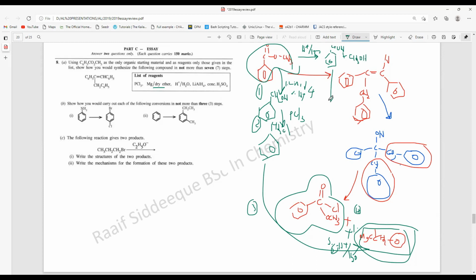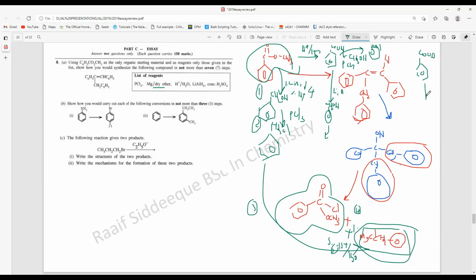Now you can add lithium aluminium hydride to reduce this to the primary alcohol the same way, CH2OH. Then in the same way you add PCl3 and form the Grignard and attack this ester, or you can make this COOH an acyl chloride, COCl, by using PCl3 as well. What I am telling is this reaction. So when you hydrolyze, you have this carboxylic acid, right?